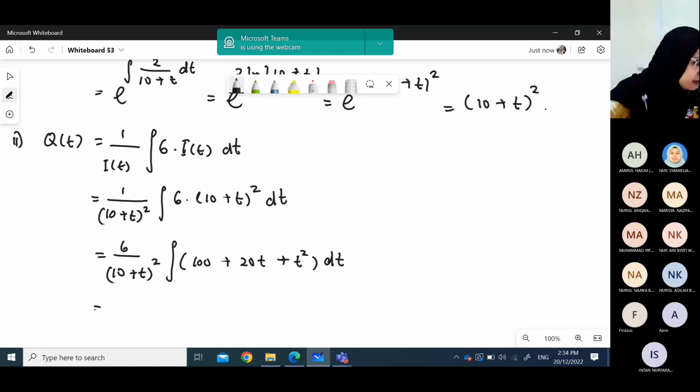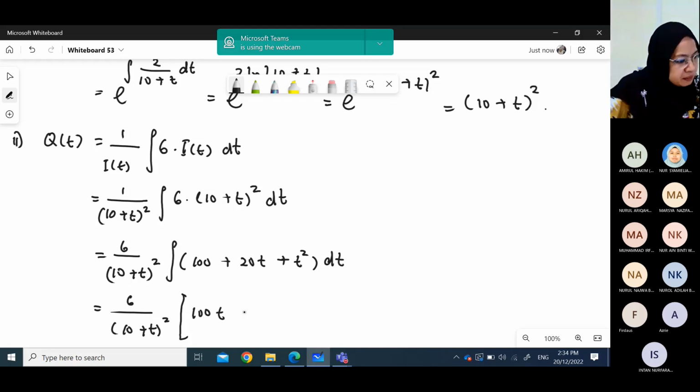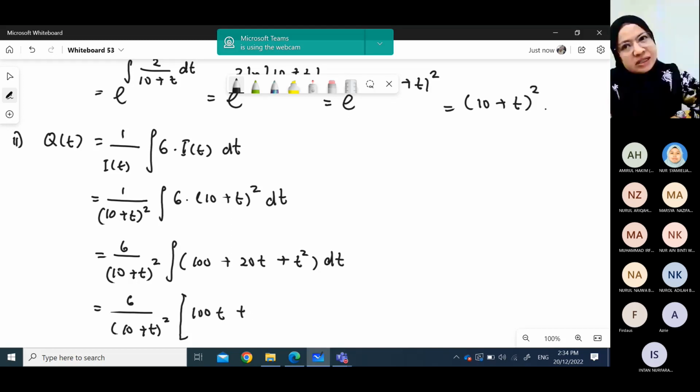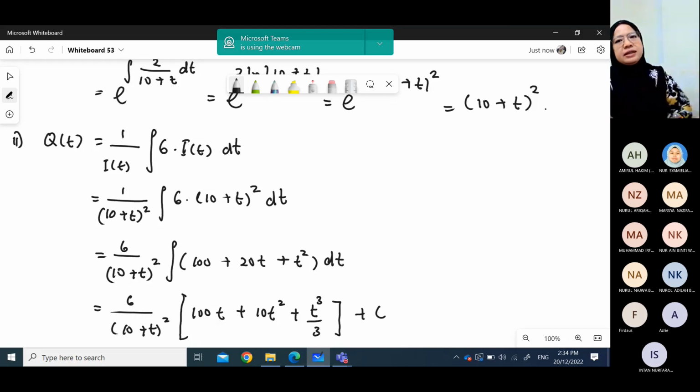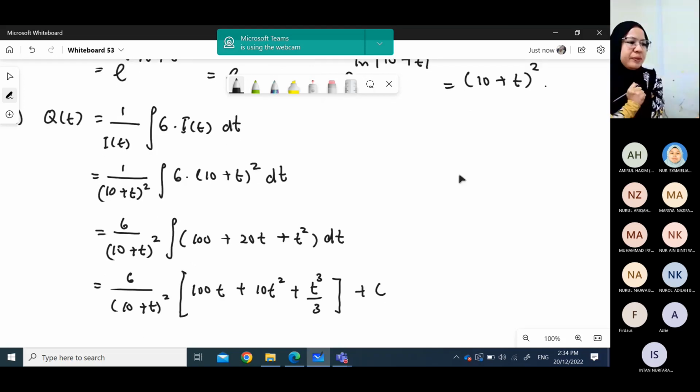So integrate, then here we have 6 over 10 plus t to the power of 2, and integrate yang ini. So we have 100t plus 20t squared over 2, 10t squared plus t to the power of 3 over 3 plus c. Okay, c is any constant. Nampak?